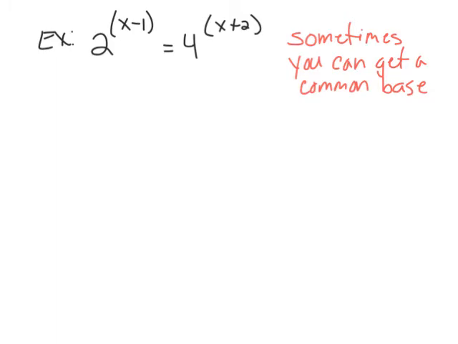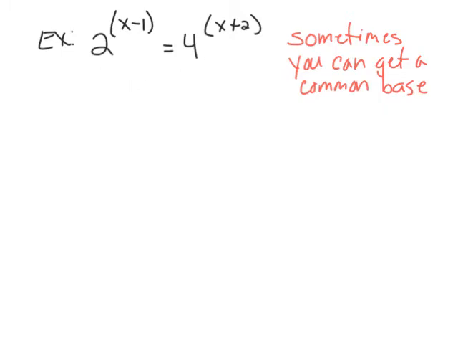Now sometimes you can make an exponential equation much simpler, because you can get a common base. A common base means I can rewrite the base in terms of another one. So if I look at 2^(x-1) and 4^(x+2), the larger base can be rewritten into the smaller base.